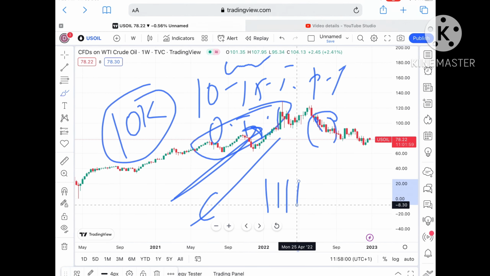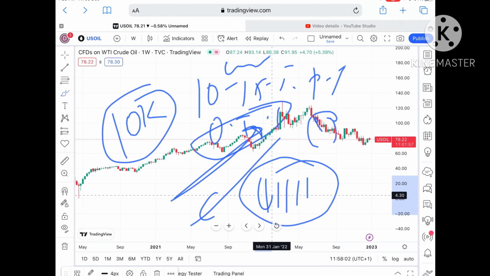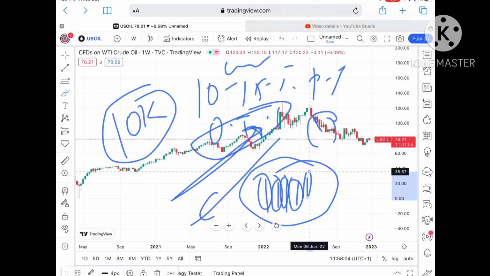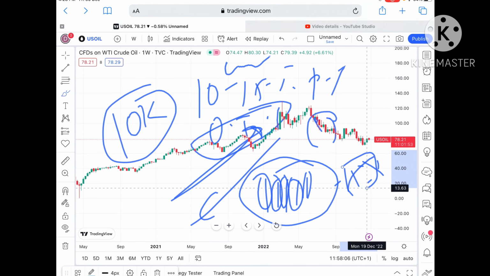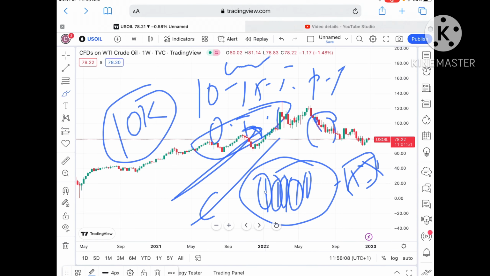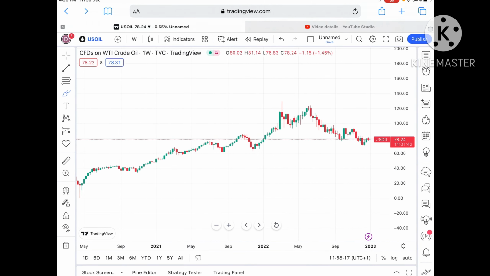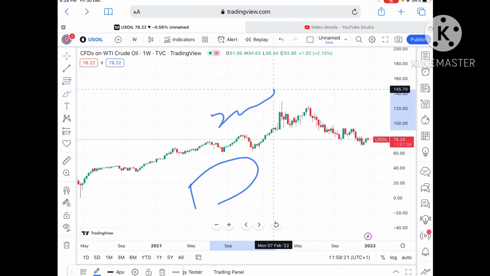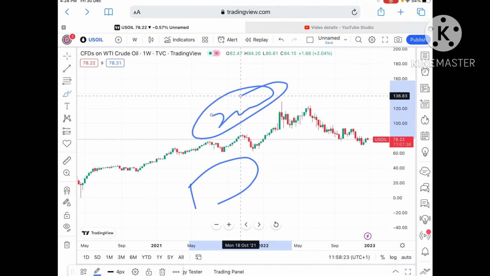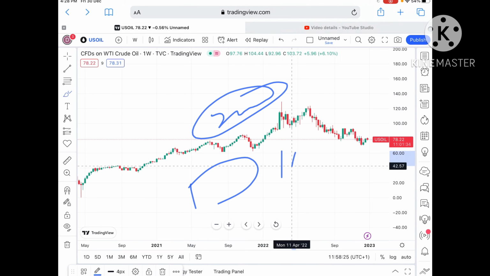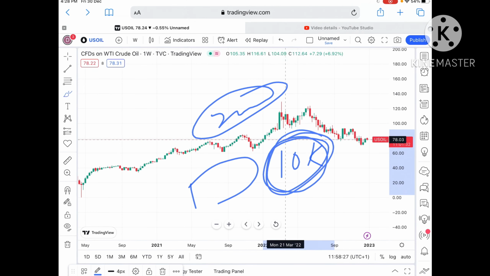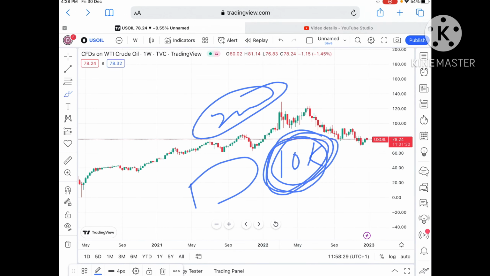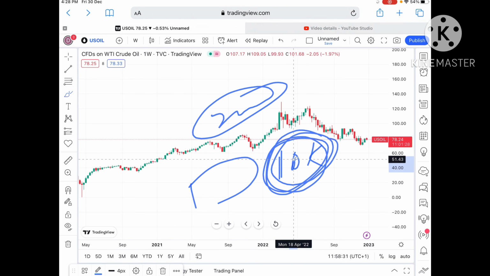Suppose you took 5 trades also, your maximum risk is $100 per trade, that is $500. If you lose $500 for the day, exit the trades for the day. Okay, so what people mostly do is they lose so much money on the first day itself, $2,000, $3,000, $4,000, and then they try to recover it, and in the process of that they lose their full capital. Capital can be 10k, 100k, whatever you are using.